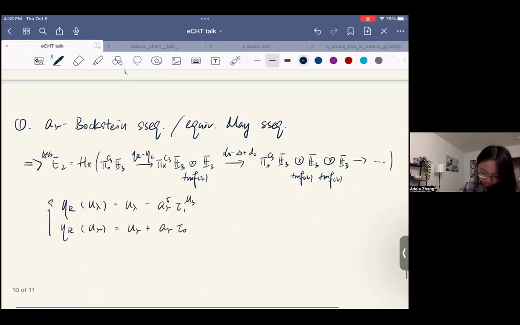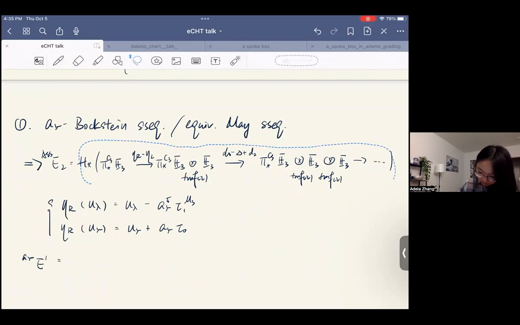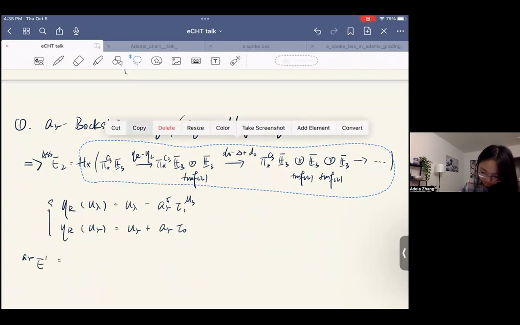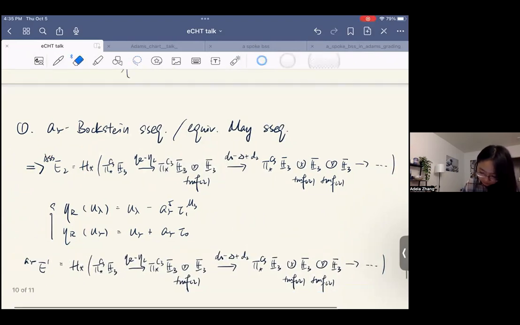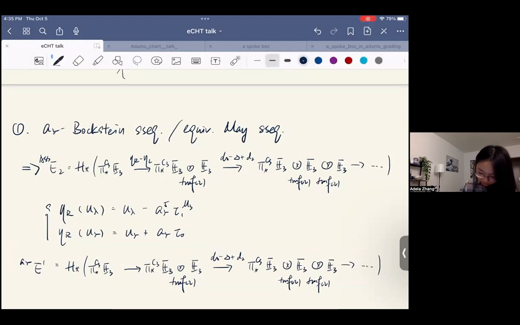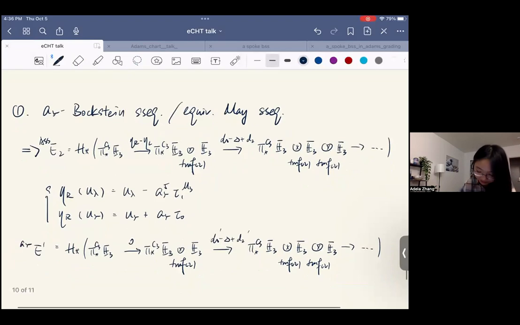The E1 page of the A4 Bockstein spectral sequence would just be again the same thing here, but with simplified differentials. So it's kind of simpler.